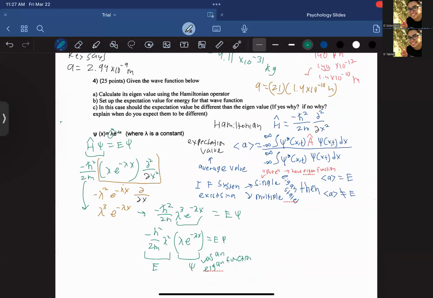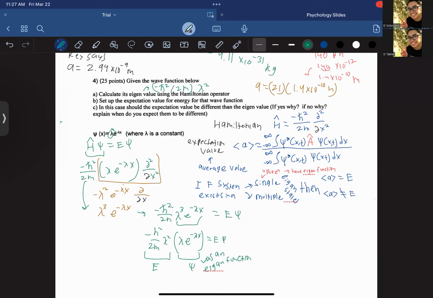And I believe that answers that. Calculate the eigenvalue. Yep, we calculated the eigenvalue. And of course you could probably simplify that and plug things in, but I think for now that should be quite enough.